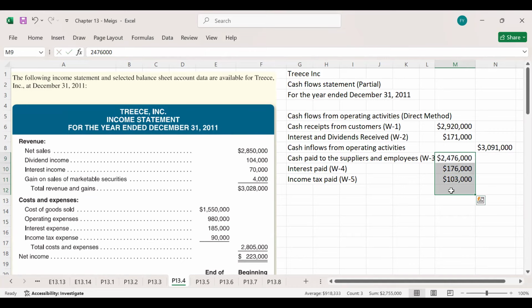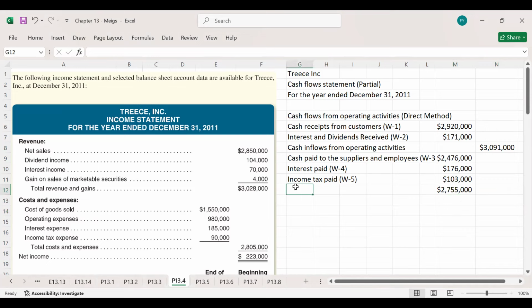As all are the cash outflows, you can say cash outflows from operating activities are, you are going to add it, and the total outflow of the cash from operating activities are 2755.